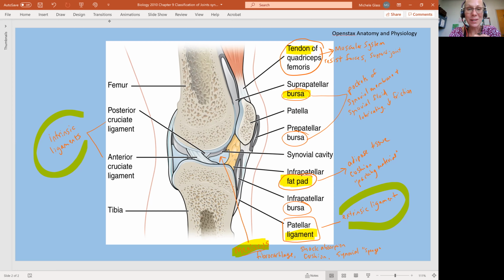This is so important because remember, the synovial fluid provides the oxygen and the nutrition to all of the living tissue inside the joint cavity. So you need to circulate that oxygen, you need to circulate those nutrients so that everything is fed, everything is nourished.